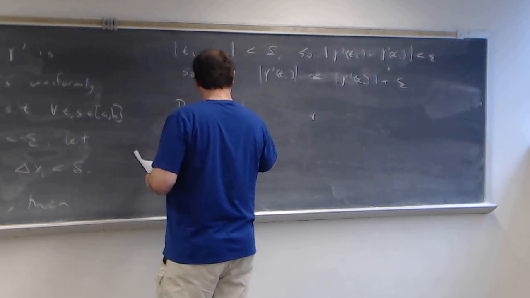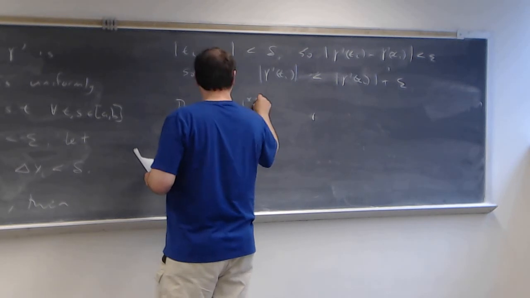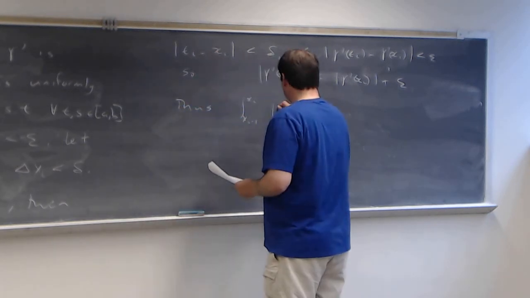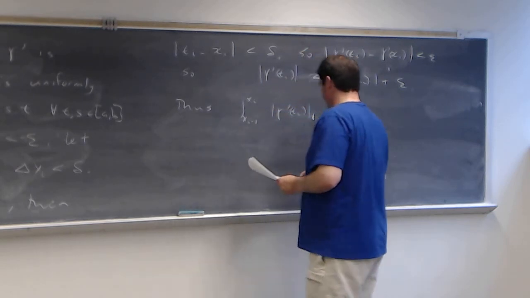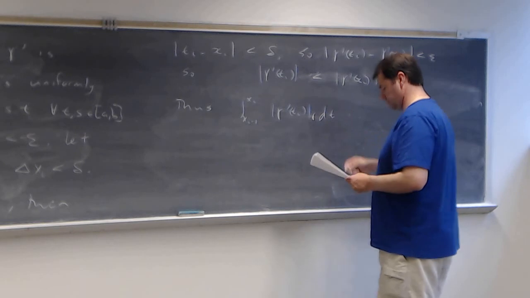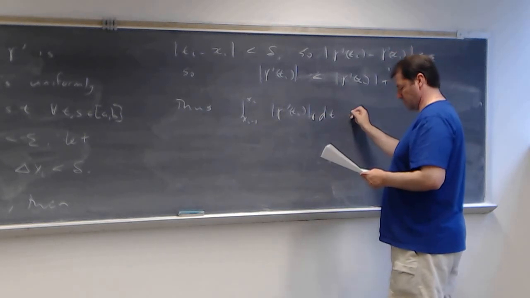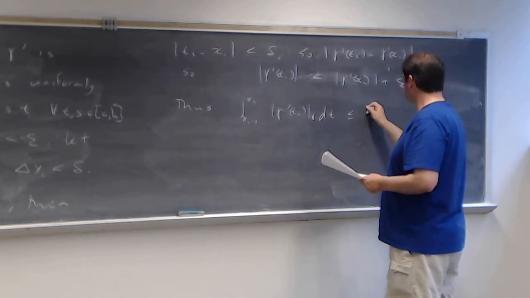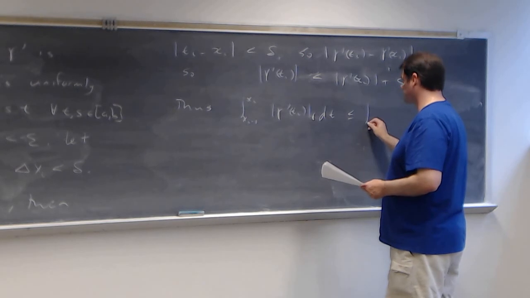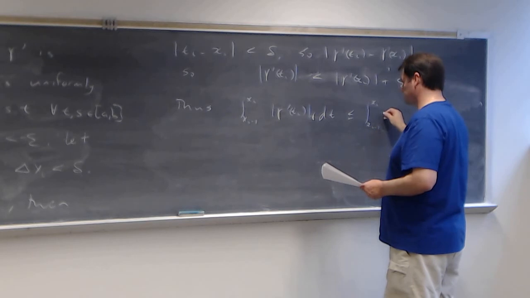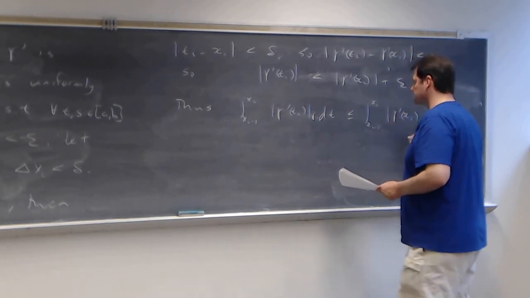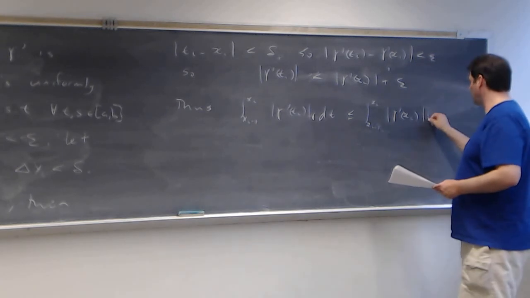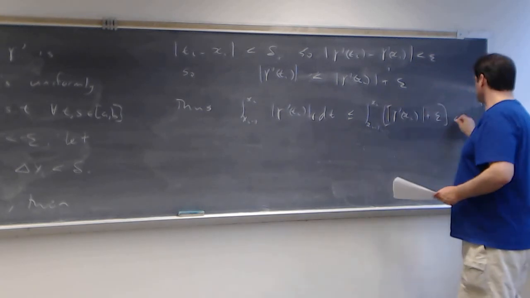Thus, take a look at the integral from x sub i minus 1 up to x sub i of the norm of gamma prime of t sub i dt. That's going to be less than or equal to the integral from x sub i minus 1 up to x sub i of the norm of gamma prime of x sub i plus epsilon dt.